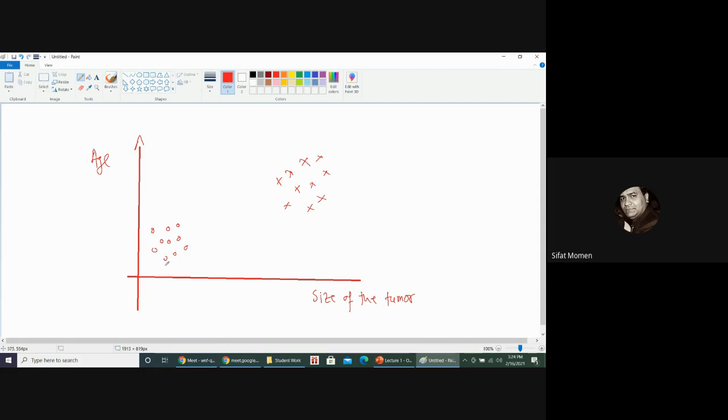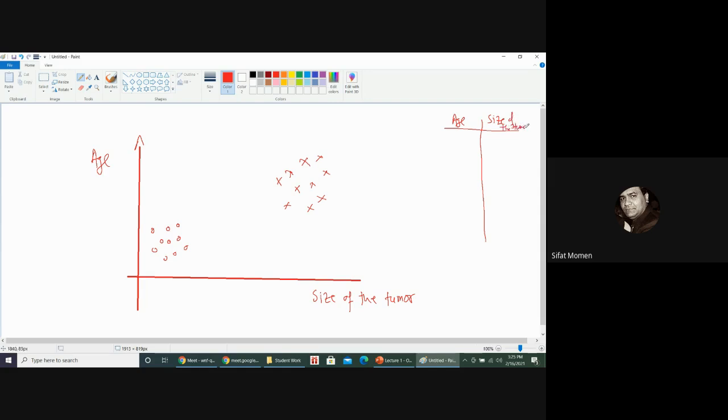So there are 20 samples. Clear? That means you have many patients, the patient's age, and the size of the tumor detected. Is that okay?